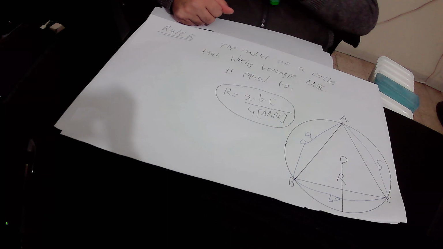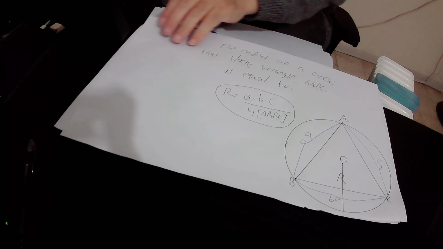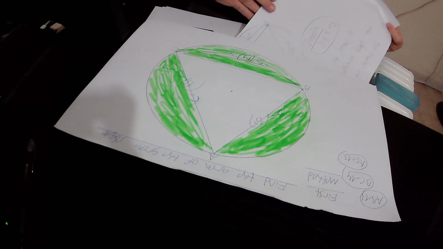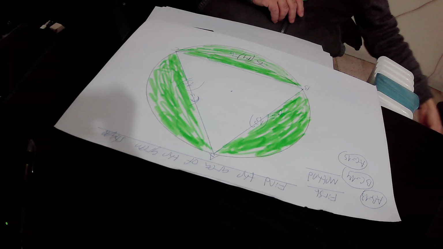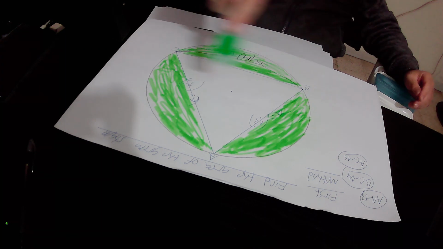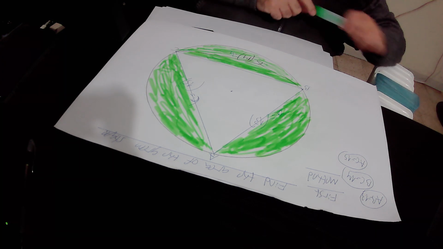Actually, we can implement rule number 6 in our drawing. Why? Because in our drawing we have this circle that blocks triangle ABC.